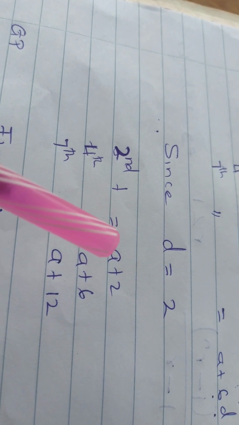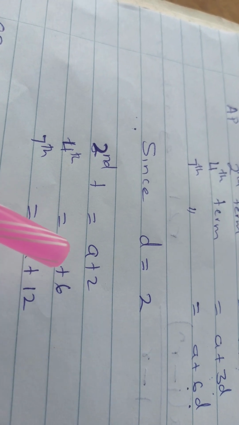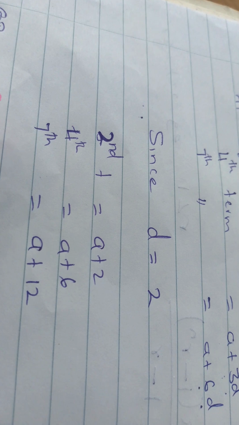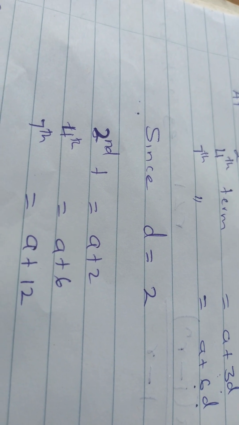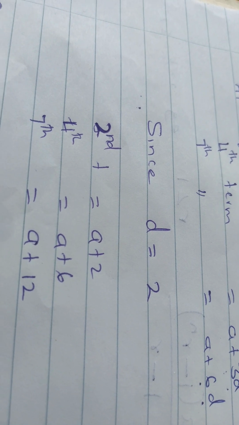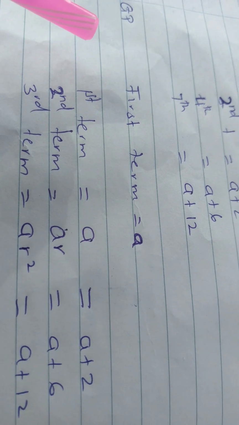The fourth term will be A plus 3 times 2, which is 6. And the seventh term will be A plus 6 times D, which is 2, giving us A plus 12. Are we together? Let's go to the GP.